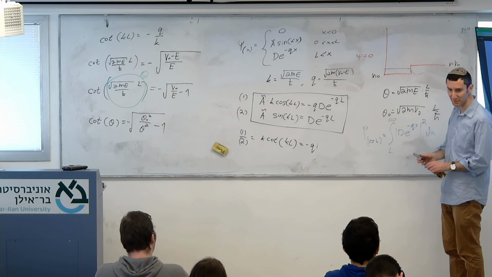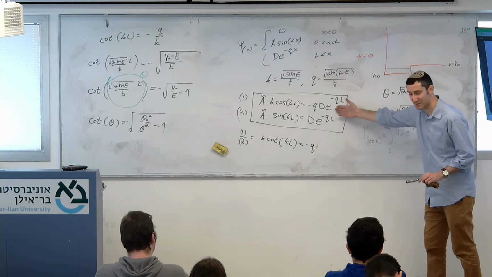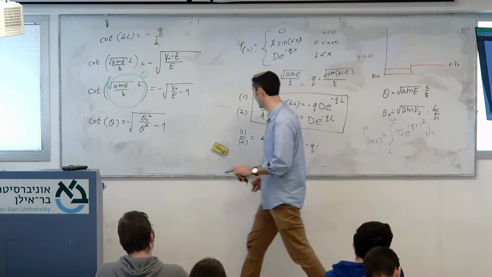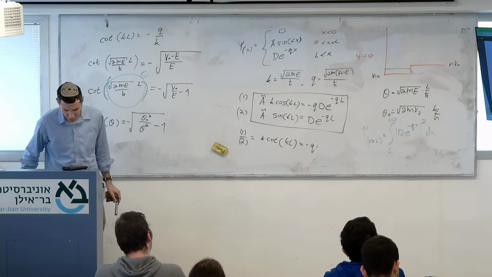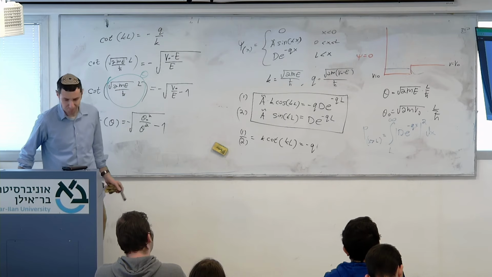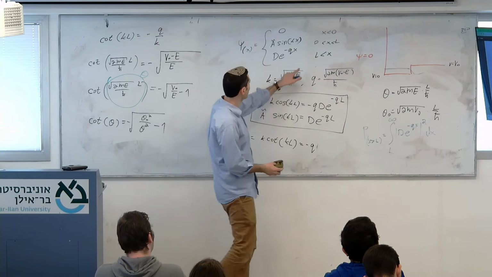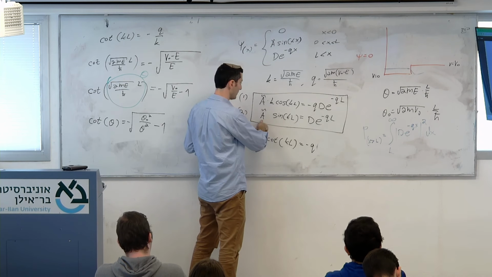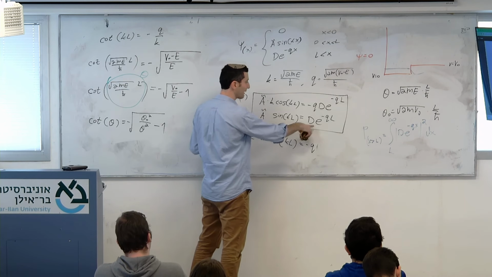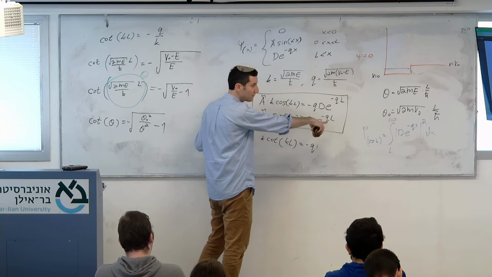How do you find d? Well, we have this. Instead of d here, I can write a tilde sine kl times e to the plus ql.